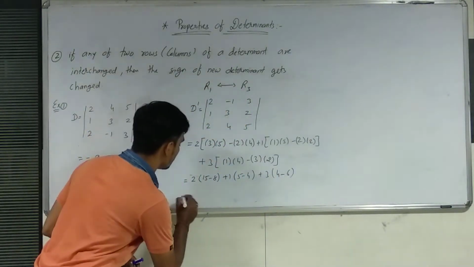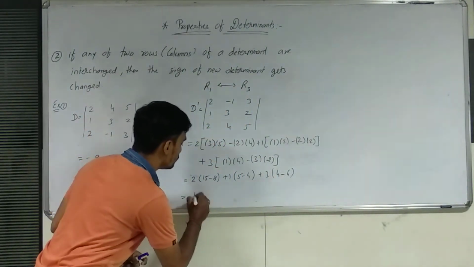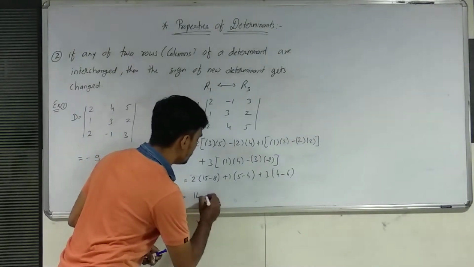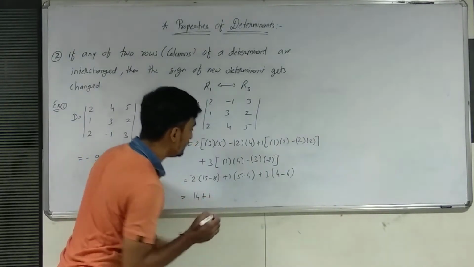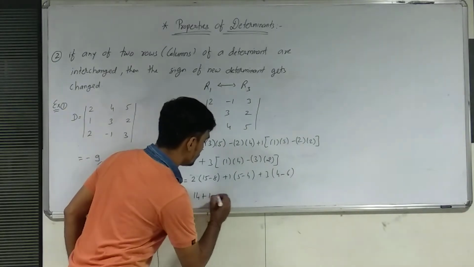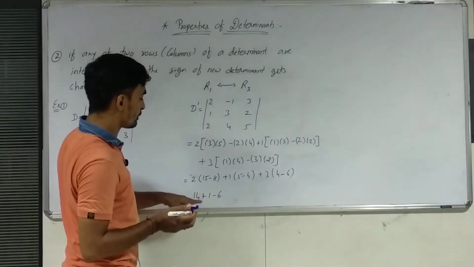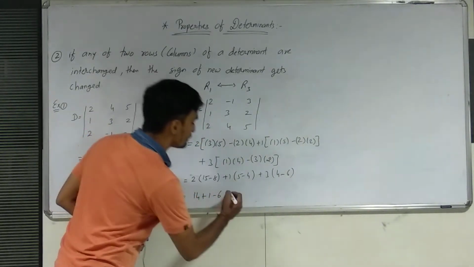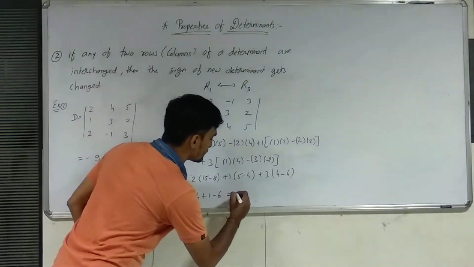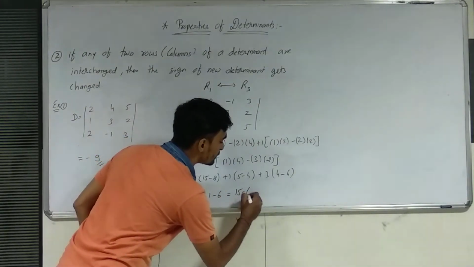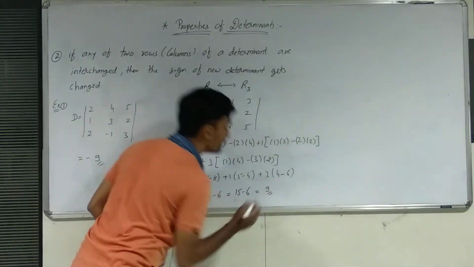That is 14 plus 1 minus 6, so 15 minus 6, which is 9.